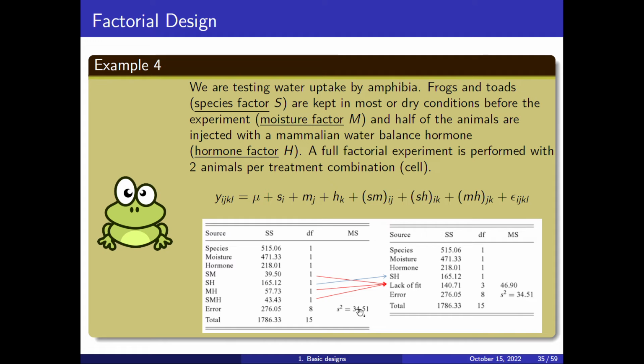When I want to show whether something makes a difference or not, I have to compare its mean squares to the mean squares of the residual. So if I want to show that the species makes a difference, I have to compare the mean squares of the species, that is 500, to 34. So this is, I don't know, 12, 13 times more than this one.